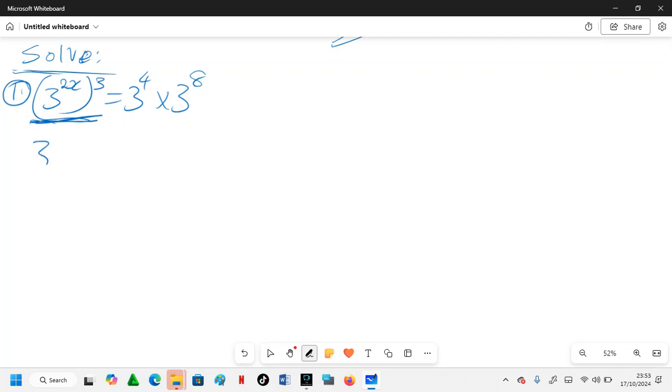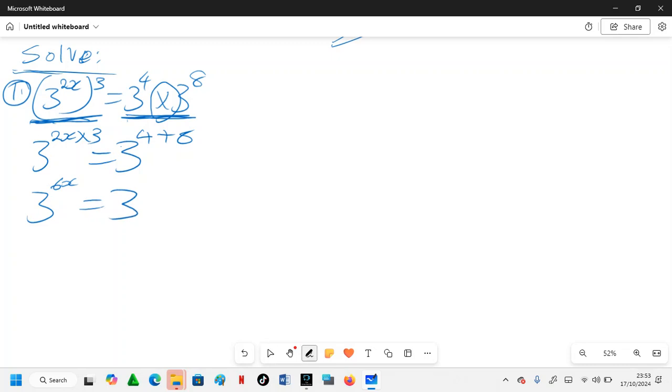So we say 3 to power 2x plus 3. On this side we can use the multiplication rule, so that we say 3 to power 4 plus 8, right? We are adding because of multiplication. So 3 to power 6x is equal to 3 to power 12, right?